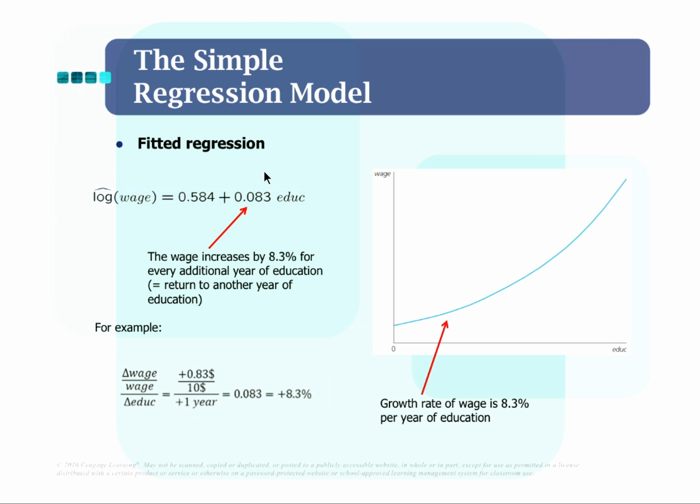Okay? So it tells you that the wage increases by 8.3% for every additional year of education. Okay, the meaning of this beta 1 here. 0.083, which is 8.3%, right?